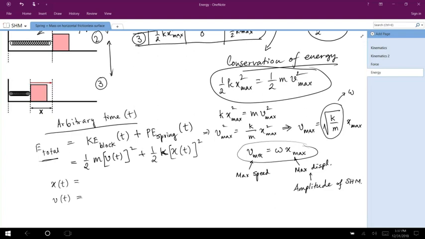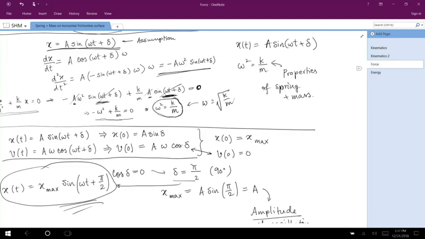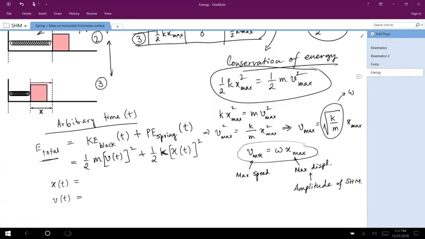We can just go back to our force page, and there we know what x as a function of t is. And so x as a function of t is just x max multiplied by sine of omega t plus pi over 2. Okay?